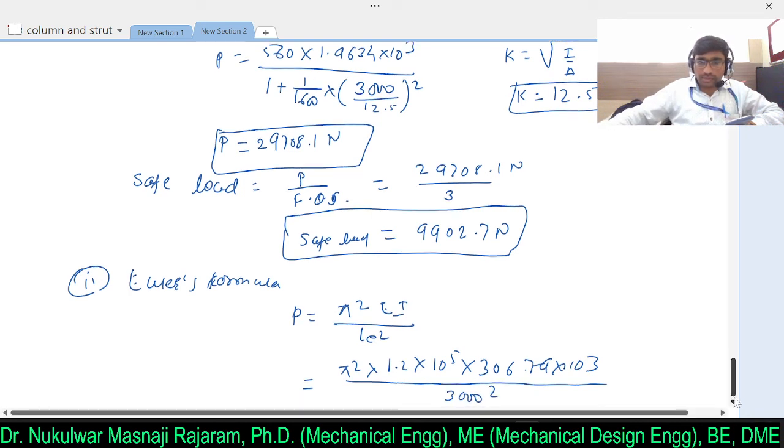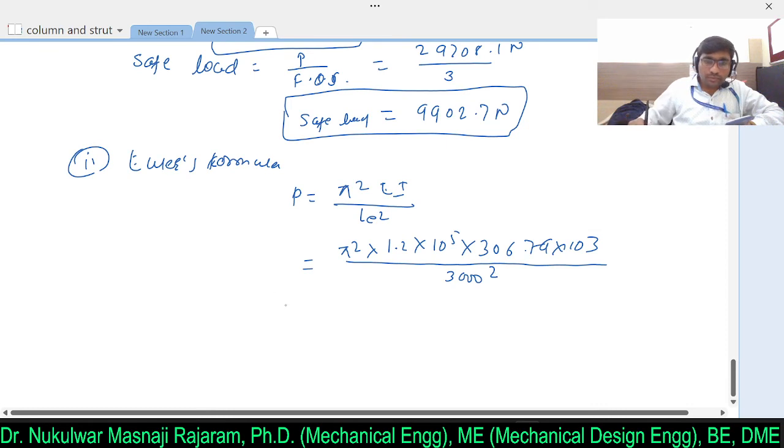If you evaluate the load from Euler's formula, this will be equal to 40200 Newton.